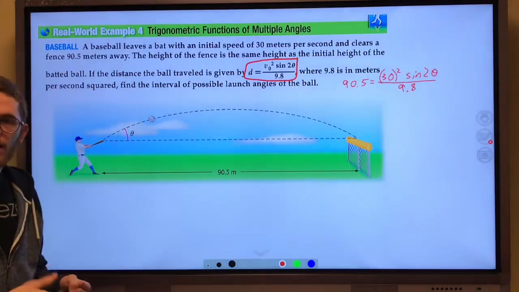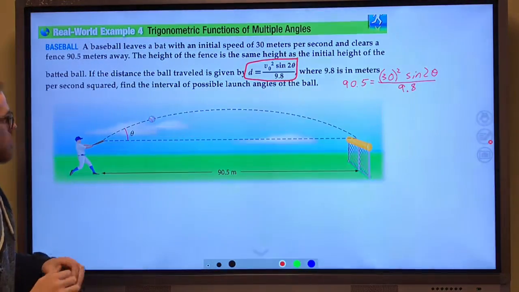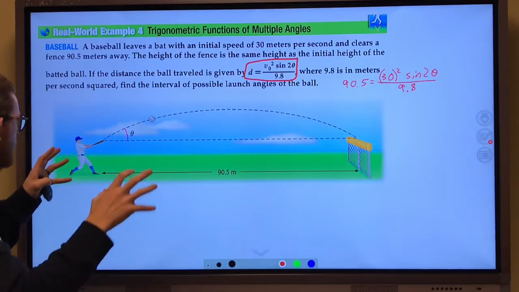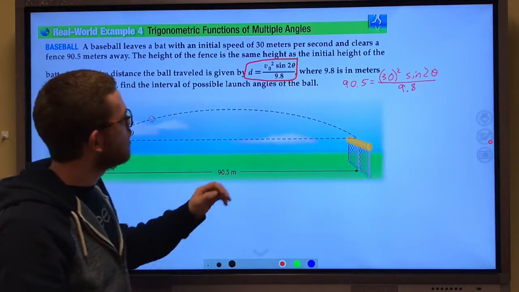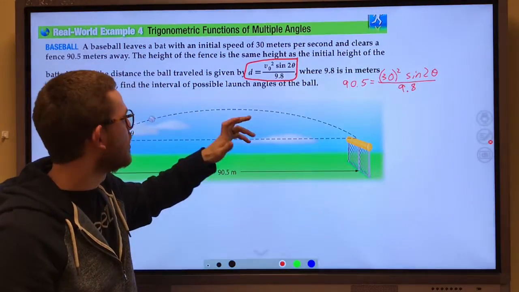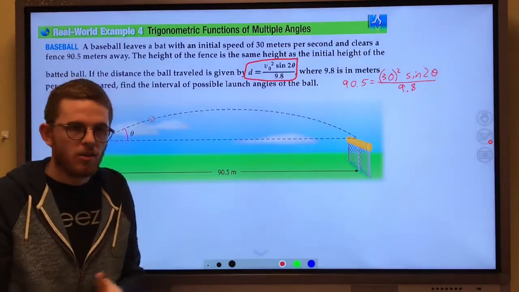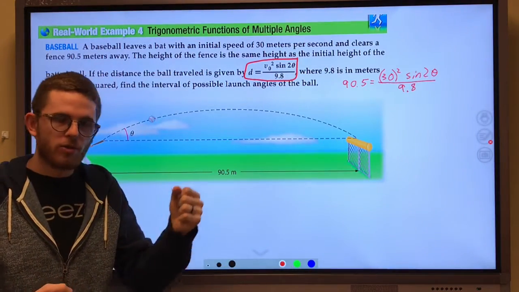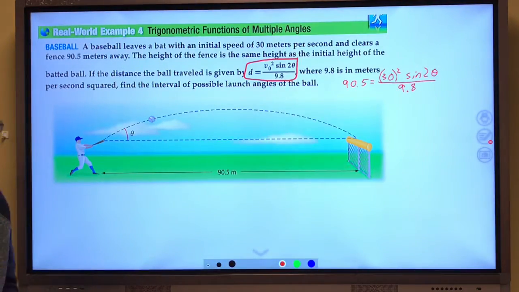We're going to be thinking in terms of degrees. This formula is written for degrees. We have distance, initial velocity, 9.8 meters per second squared. We're not going for those exact measures of radians. This is set up to be used in degrees.